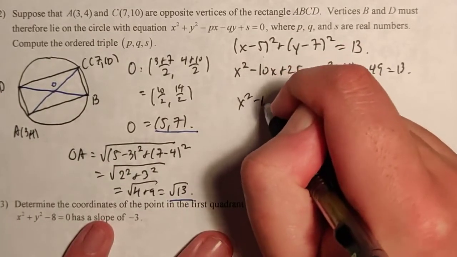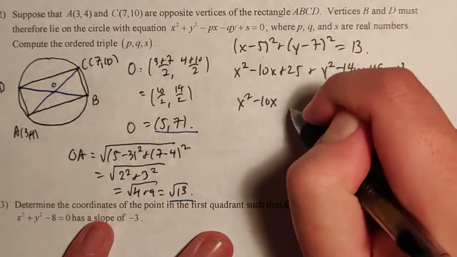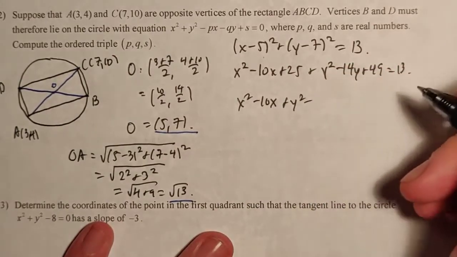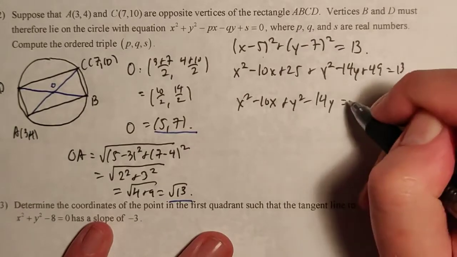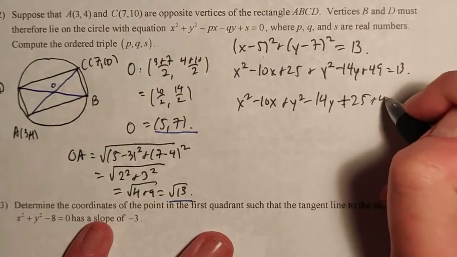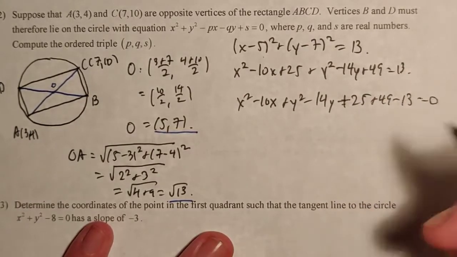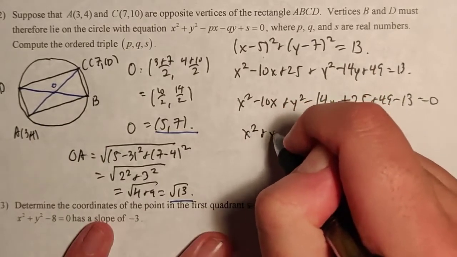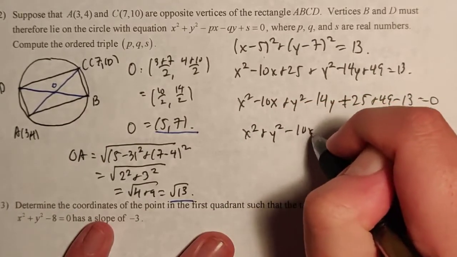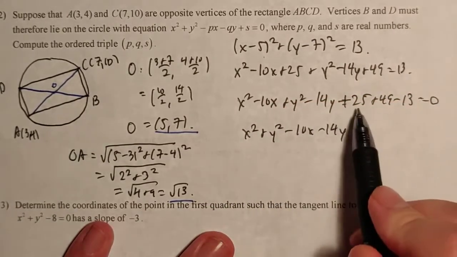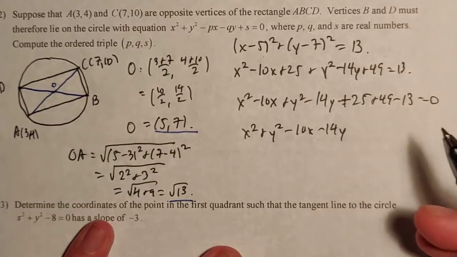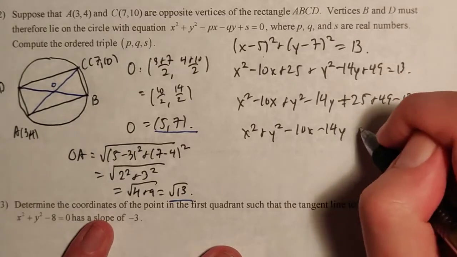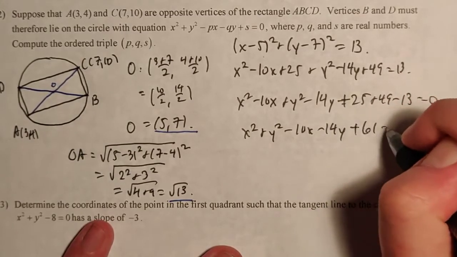We get x squared minus 10x plus y squared minus 14y, and this is going to be plus 25 plus 49 minus 13. So it's going to be x squared plus y squared minus 10x minus 14y. 25 plus 49 is 25 plus 50 is 75 minus 1 is 74. 74 minus 13 is 61. This is all positive here.